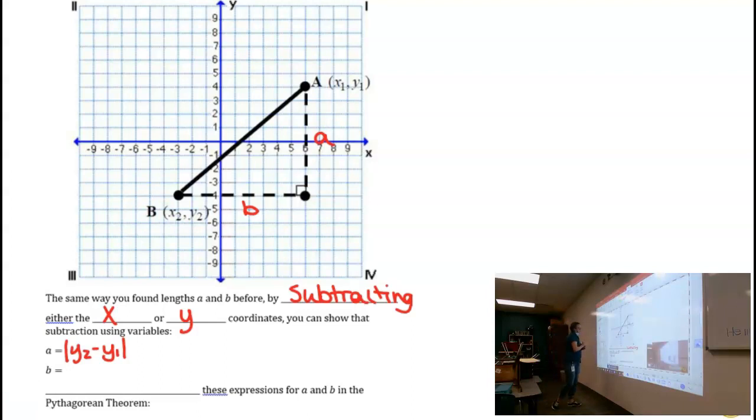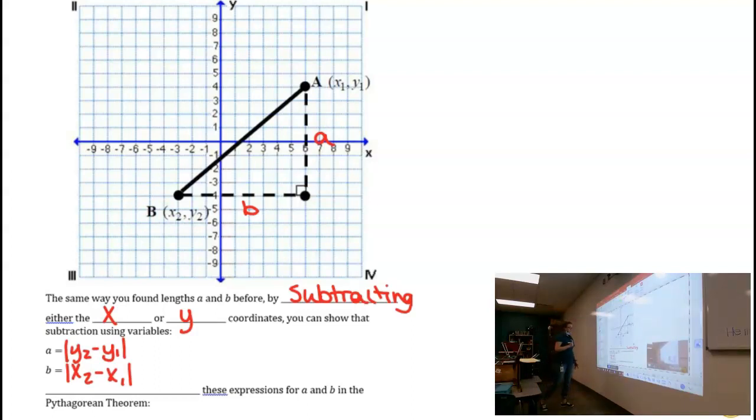In the same way that we found the length of A, we're going to find the length of B. This line segment is horizontal, which means that we're going to use the x values. So my x value of x2 minus my x value of x1. Again, we don't want the distance to be negative, so we're going to take the absolute value of that difference.